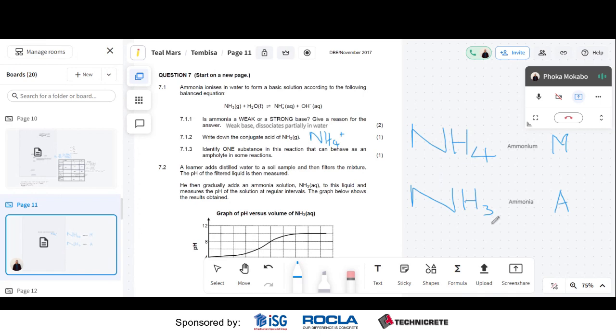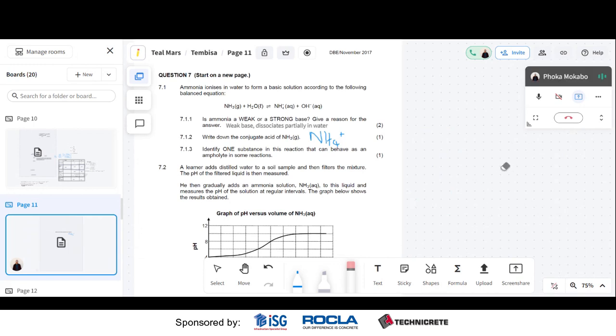If you need a way to remember it, there you go. NH3, 3 lines for the A, and ammonium, 4 lines for the M, so 4 to the H. Okay, that's just a nugget for you to help you remember.